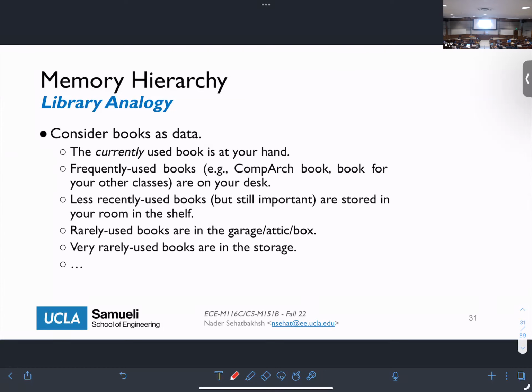So if you think about this, all of this data is still accessible, so you technically can access all the books in the world. It just takes a different amount of time for you to read those. And understanding this limitation, you need to come up with a strategy that says, okay, if I have an exam this week about this course, it's wise that I put this book on my desk.